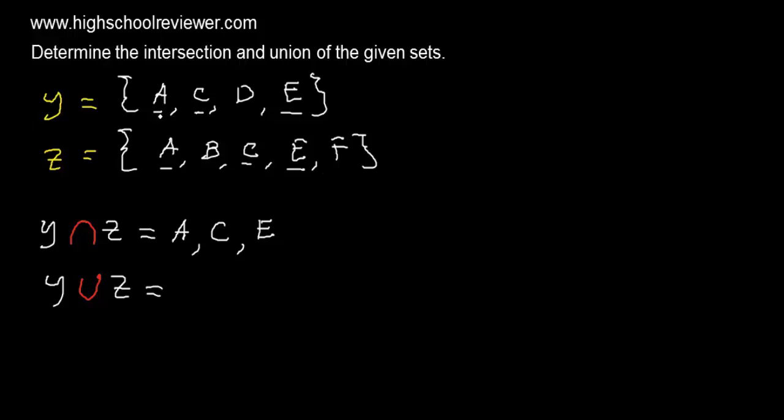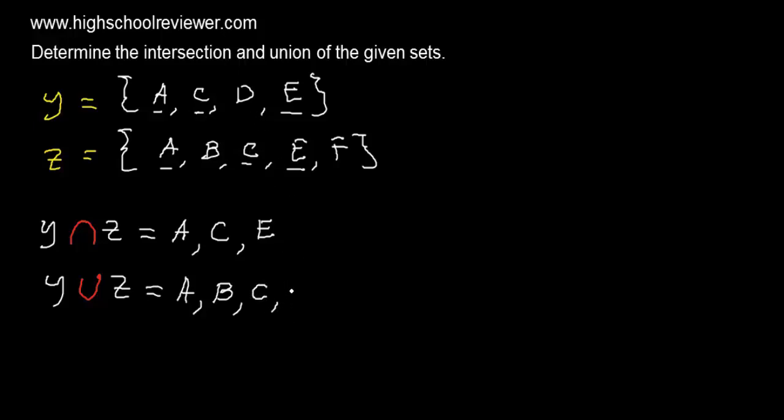Just like letter A here. A is present in both Y and Z. We will write only once. B here is present in Z, so we will write B here. C is present twice. It is in both Y and Z. We will only write once.